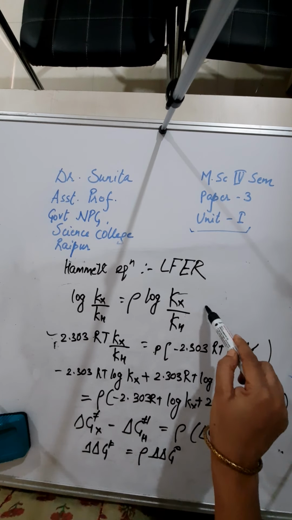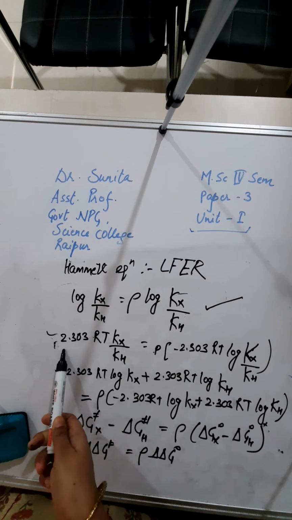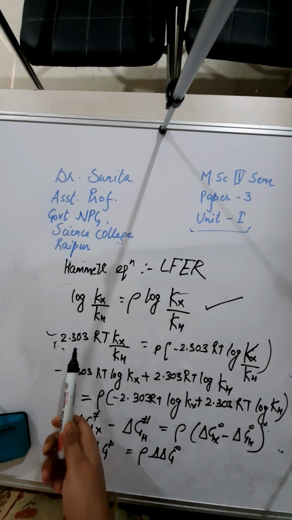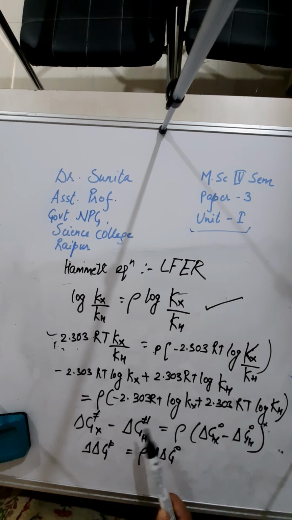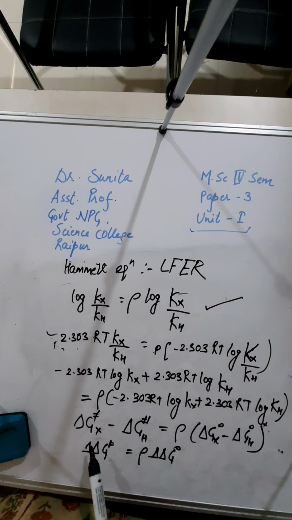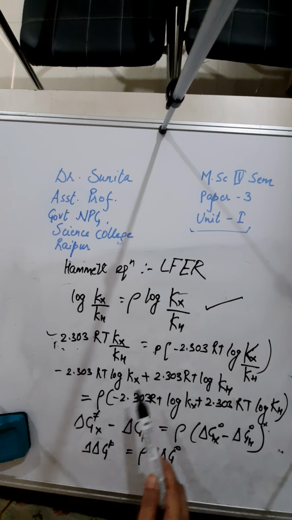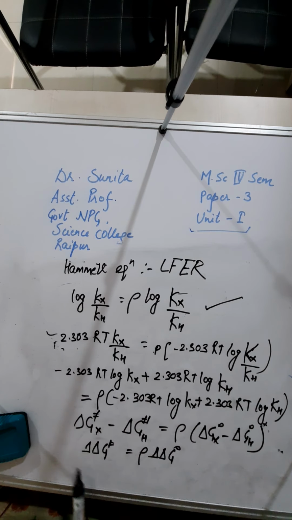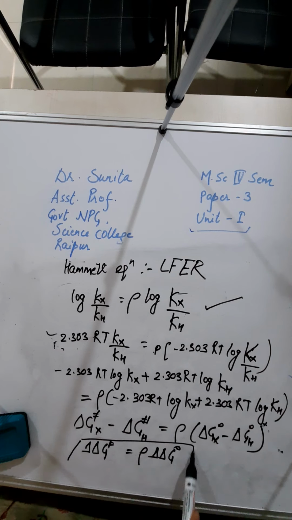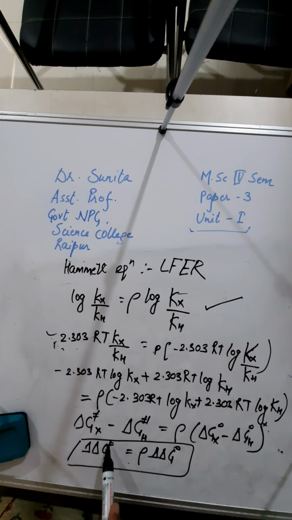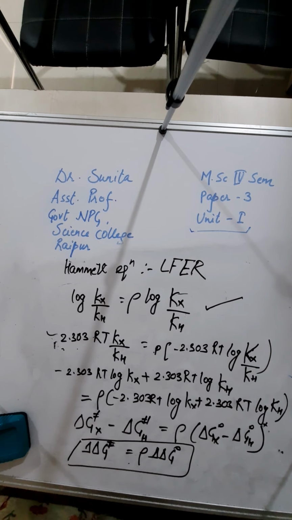We just used the Hammett plot, multiplied the equation by 2.303 RT on both sides, opened it up and substituted in shorter terms, that is delta G. So delta G for the substituted benzene equals rho delta G naught.